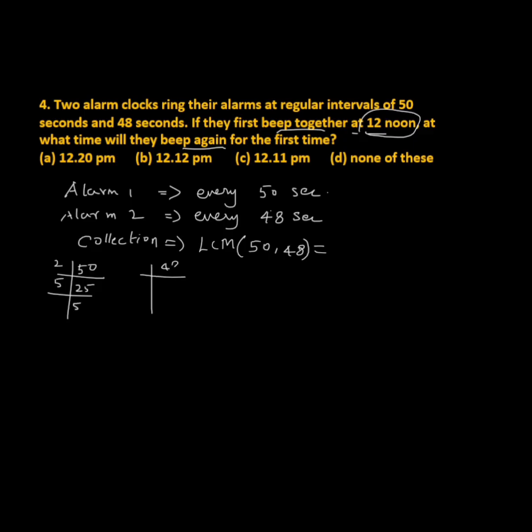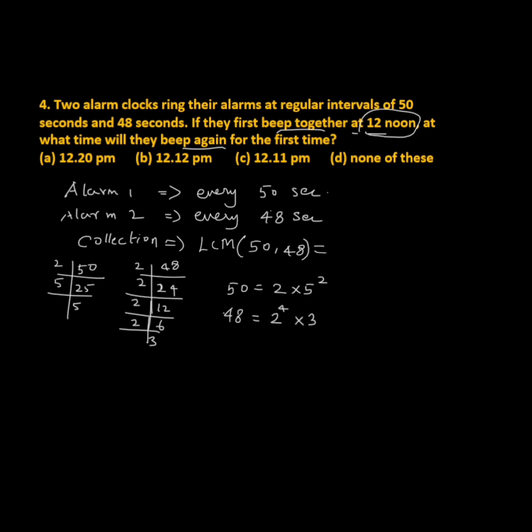For 48, 2 times 24, then 2 times 12, 2 times 6, 2 times 3. So 50 is 2 into 5 squared, and 48 is 2 power 4 into 3.